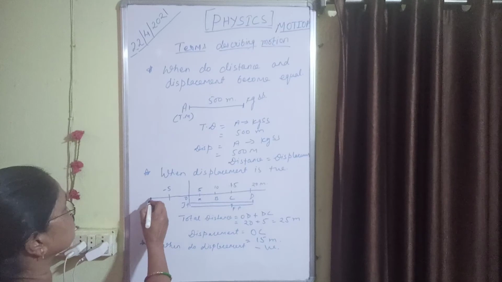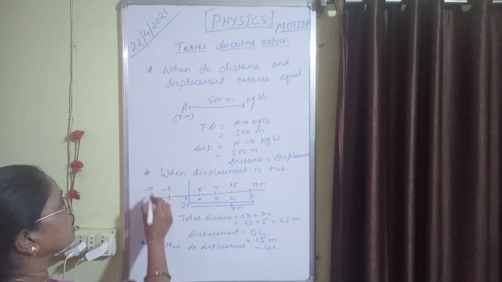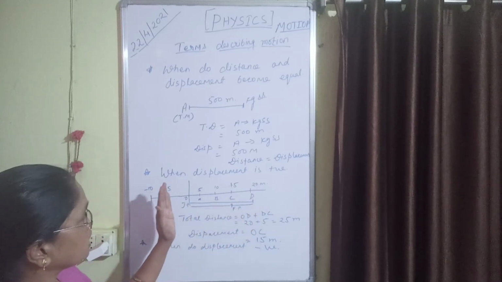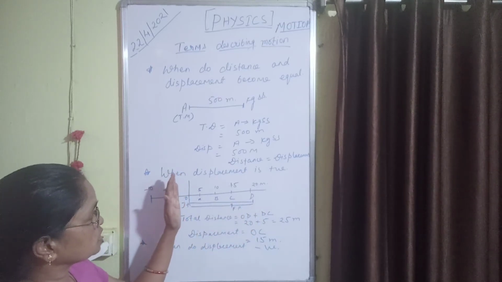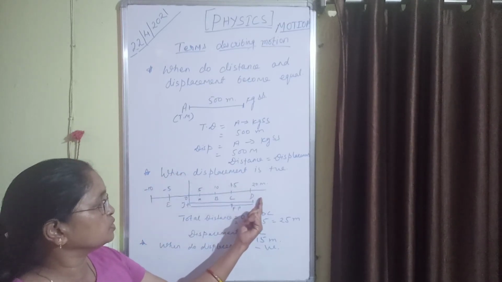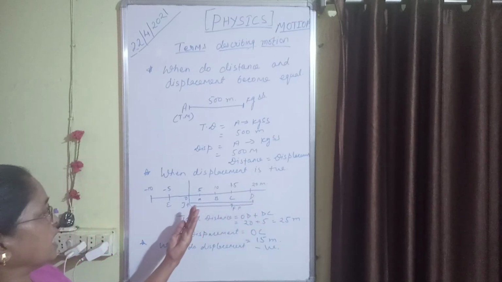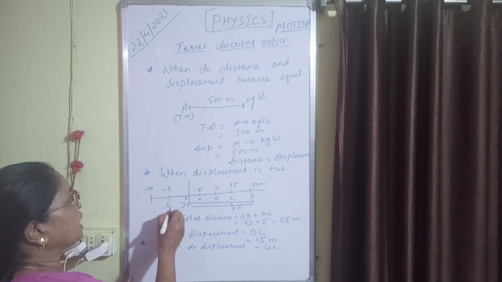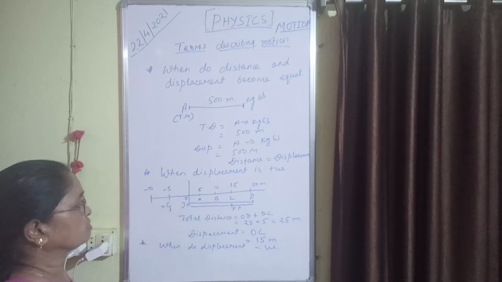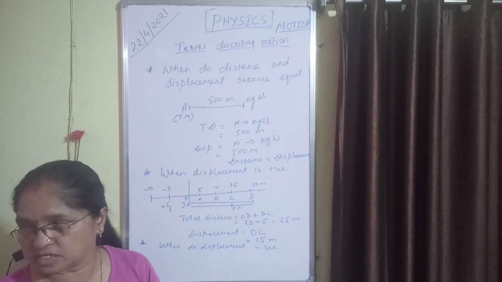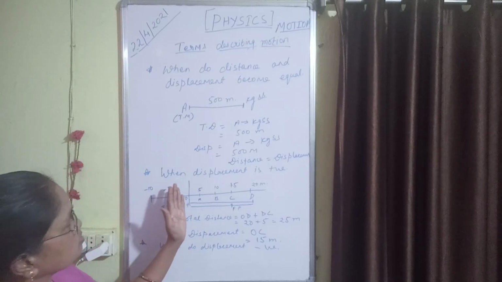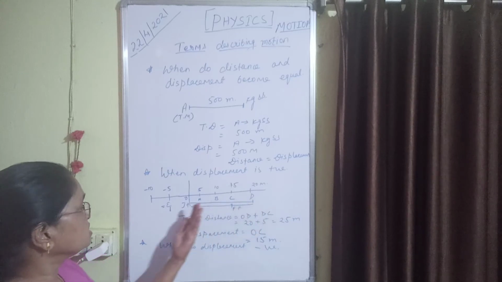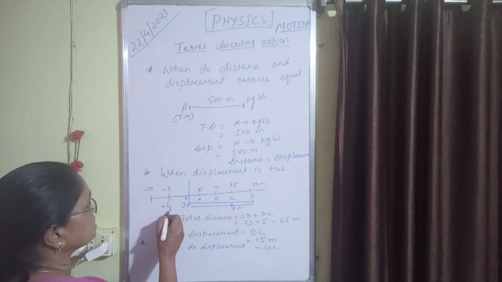So suppose it is -5, -10, and this is point E. The body starts moving from initial position O, goes up to D, returns back and stops at position E. Second case you have understood.